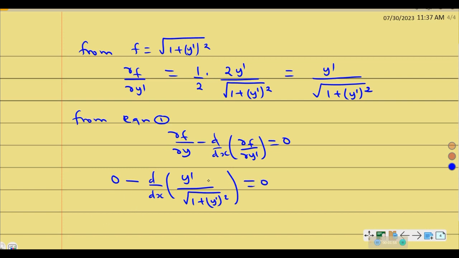So since this is 0, when you divide through, you will remain with d/dx of y' over the square root of 1 plus y' squared, and this is equal to 0. So let us try to solve this equation and we obtain the solution.